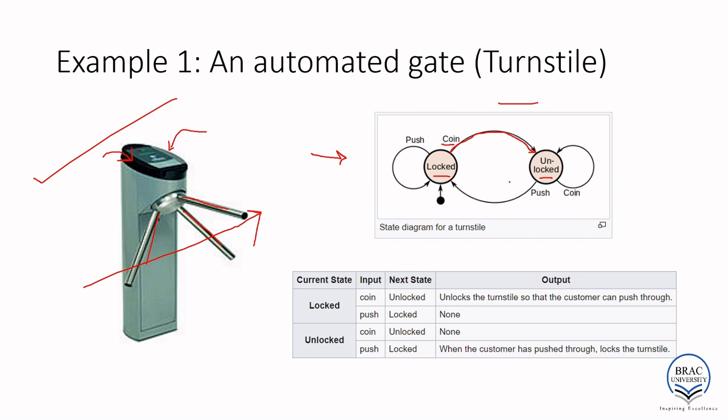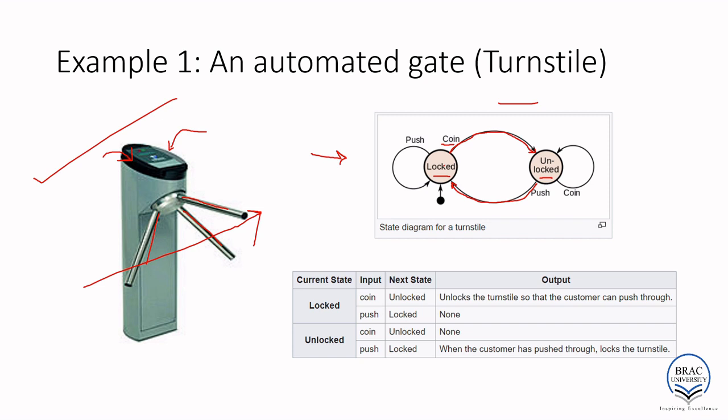So whenever we have put in a coin, it will be unlocked, but when we push through the turnstile, it will again be locked, and this will be our state.